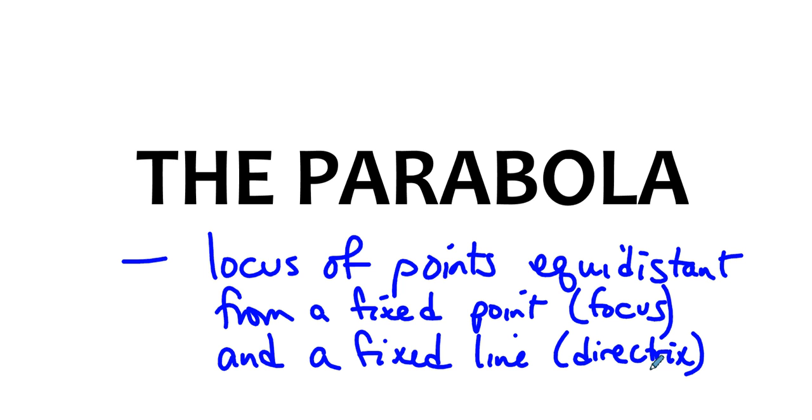So in the same way that a circle is a locus of points a fixed distance from a fixed point, a parabola is a locus of points equidistant from a fixed point and a fixed line.